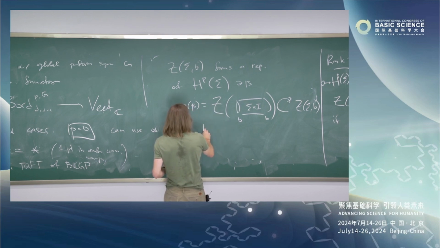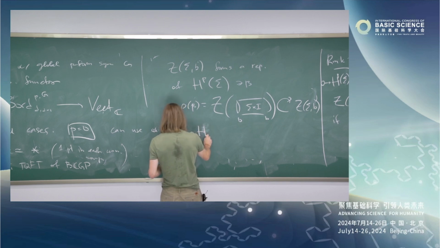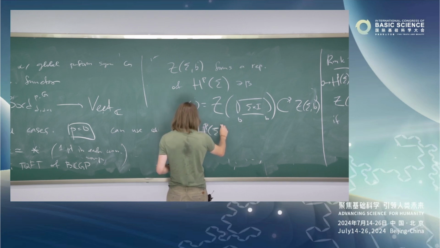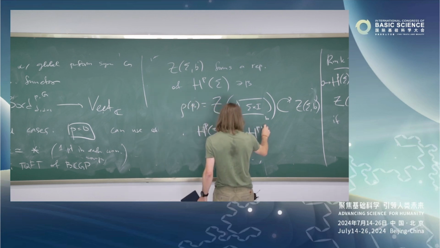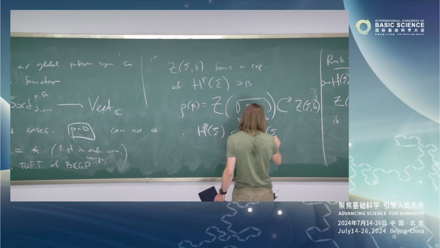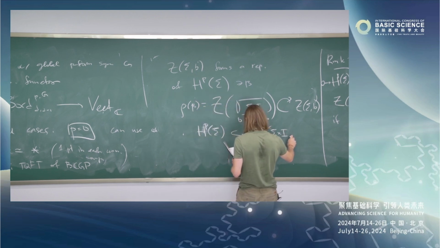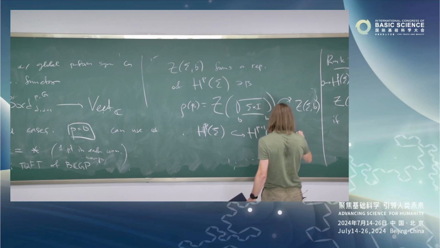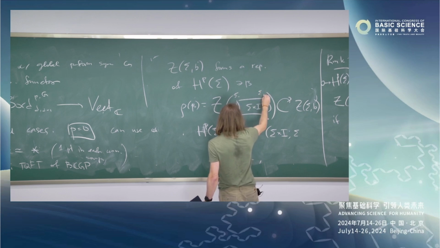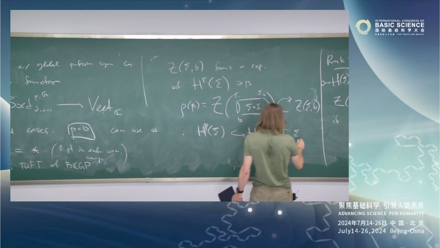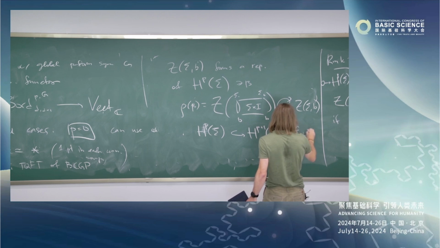Here we use the natural inclusion of this group inside the cohomology group associated with the cylinder. Here we have basically two copies of sigma, sigma plus and sigma minus, related to sigma lines.